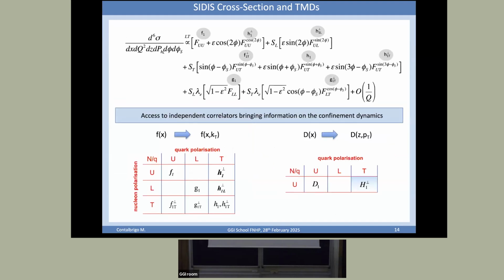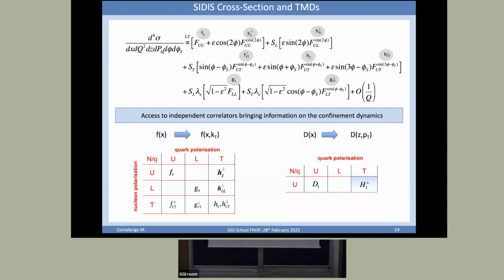Okay, so however, what does it mean? That each of these terms provides us access to a specific correlator of quarks within our target, or a specific fragmentation of the quark into the final hadron. These are, again, the leading terms. For the fragmentation, there are others, but for the moment, we are concentrating on this. And you see that they are all independent.